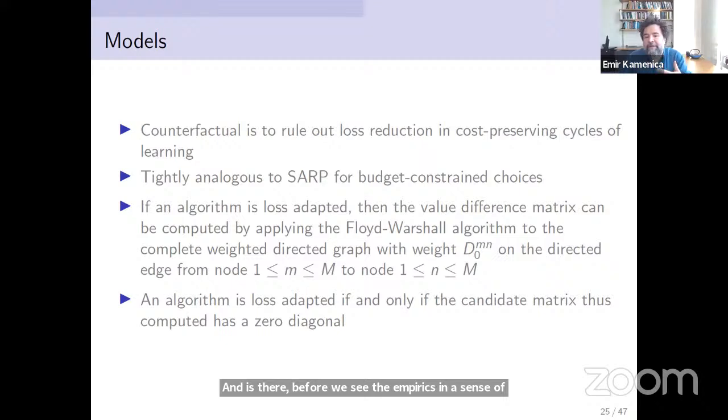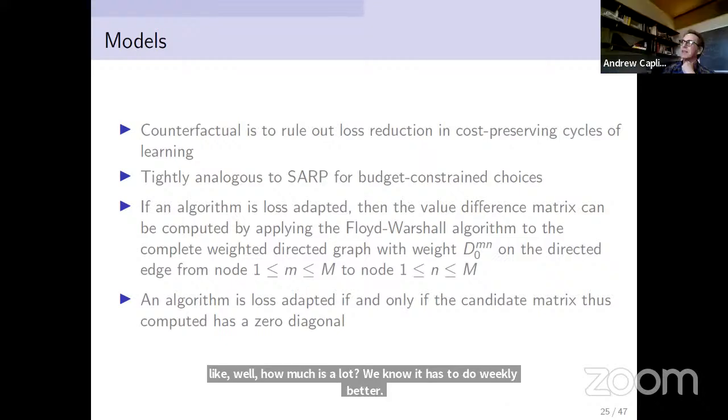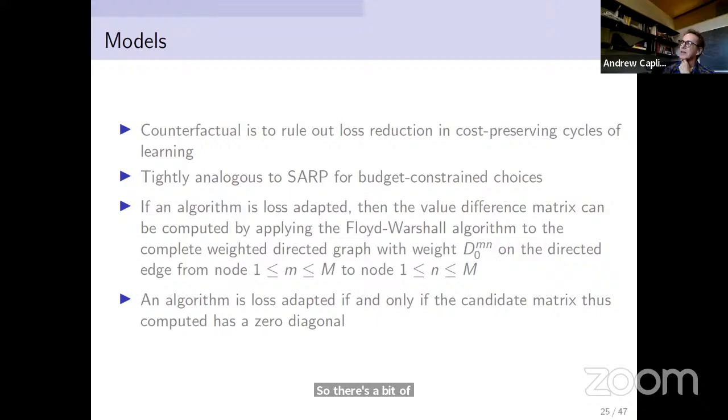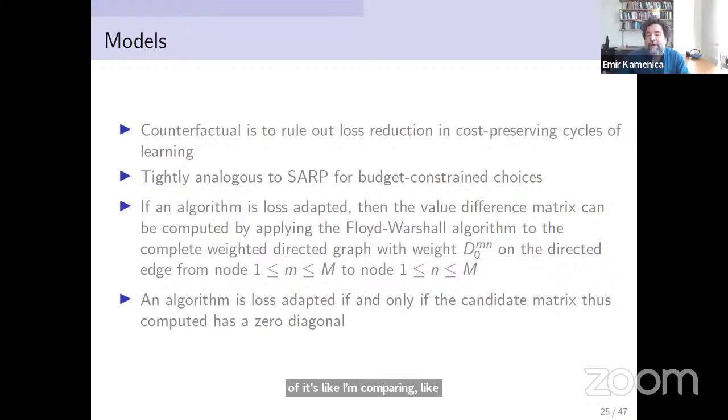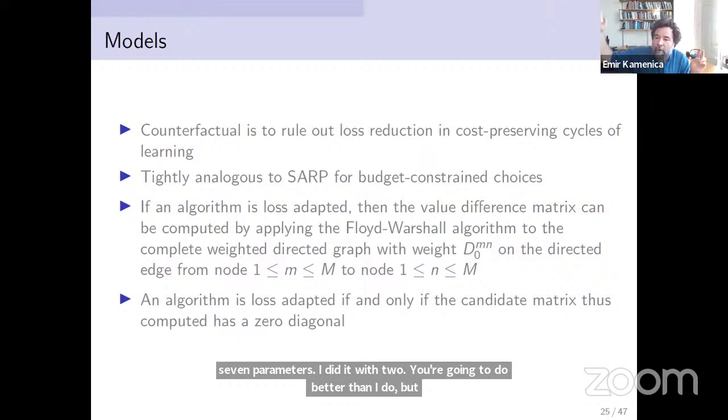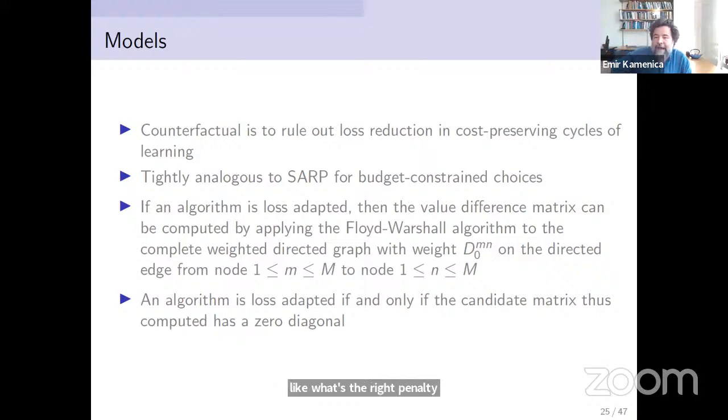So there's a bit of a sense of comparing, like there's no analysis of statistics. You say, okay, you estimated a model with 7 parameters, I did it with 2, you're going to do better than I do. But what's the right penalty to apply for the quality of fit when I know you're going to have to do better, allowing for any cost function?